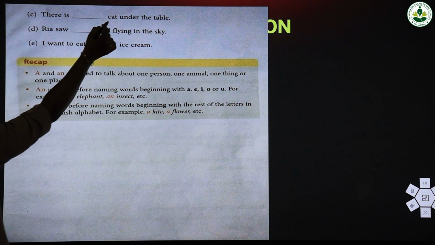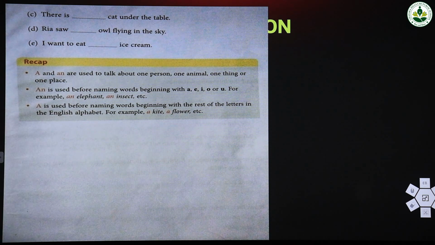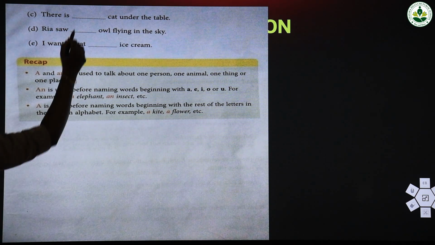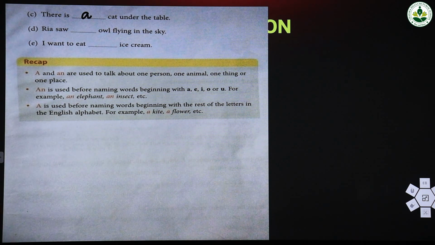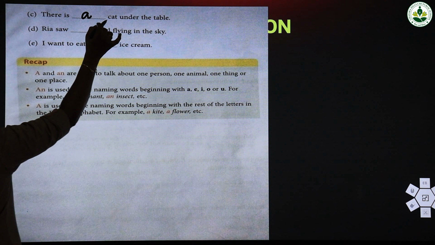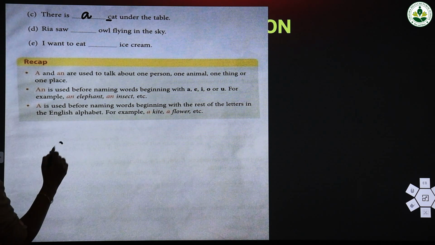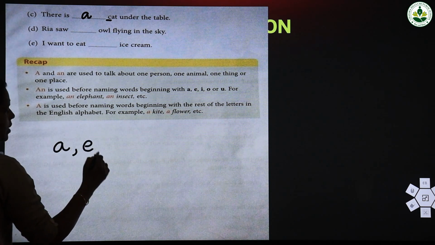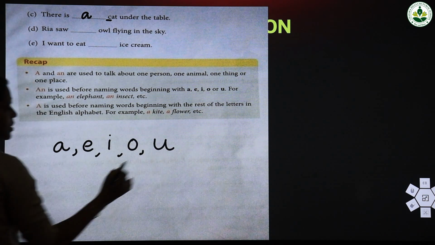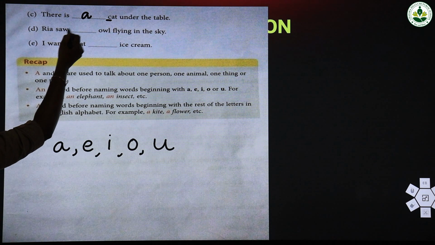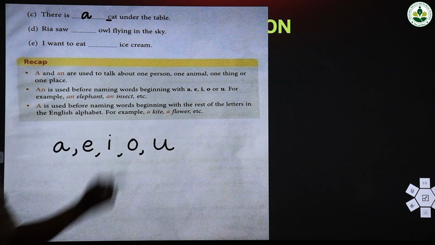There is dash cat under the table. A or an? There is a cat under the table. Why? Is it a vowel sound? No. A, E, I, O, U. These are the vowels. Riya saw dash owl flying in the sky.